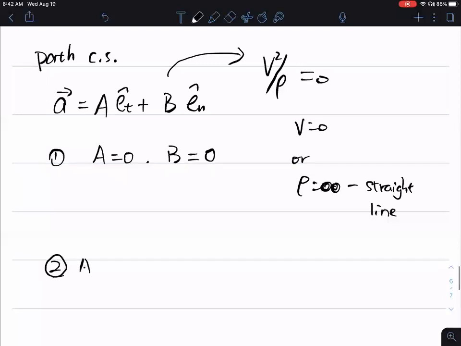How about a equals 0, but b is non-zero? What is happening when A is 0, B is non-zero? So the particle is, is the particle moving?